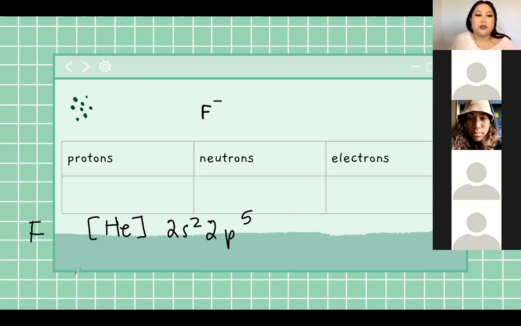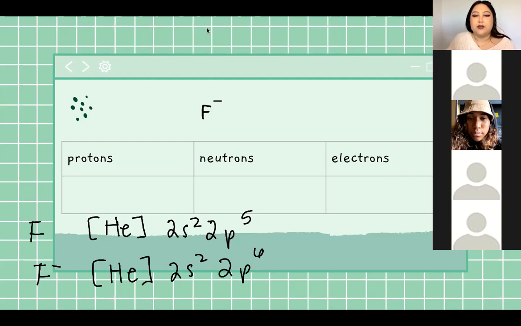How would we make a fluorine with a -1? What would change for this? Yeah, 2p6. The rest is the same because it's filled up, we don't touch it.